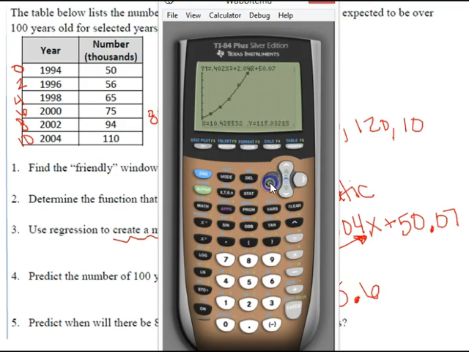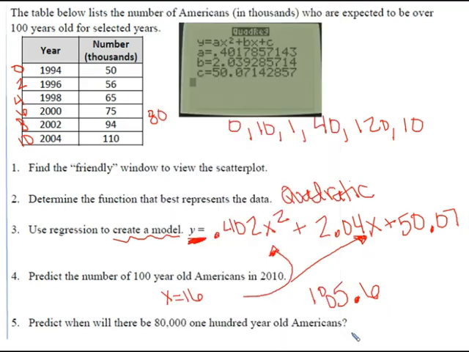Try and get as close to 80 as we can. We'll say that one's close enough. All right, so 81, pretty close to 80. We'll round that to 6. All right, so our x value is 6.6.